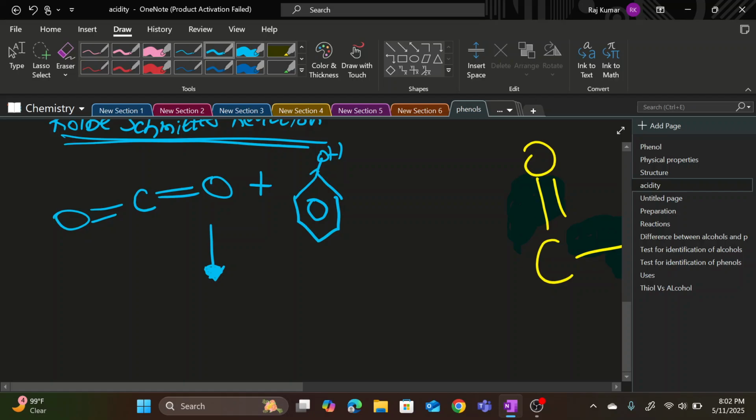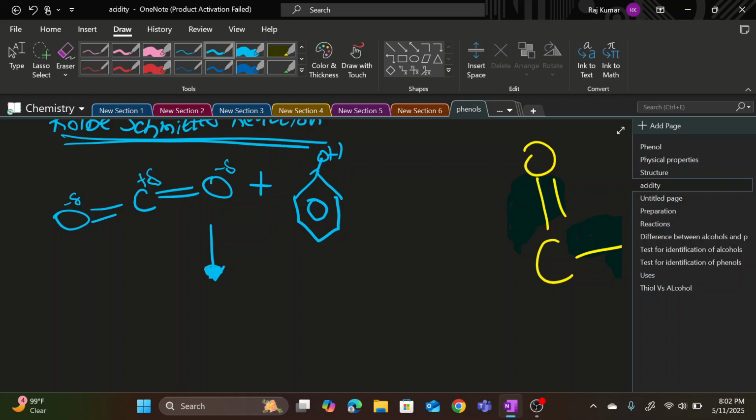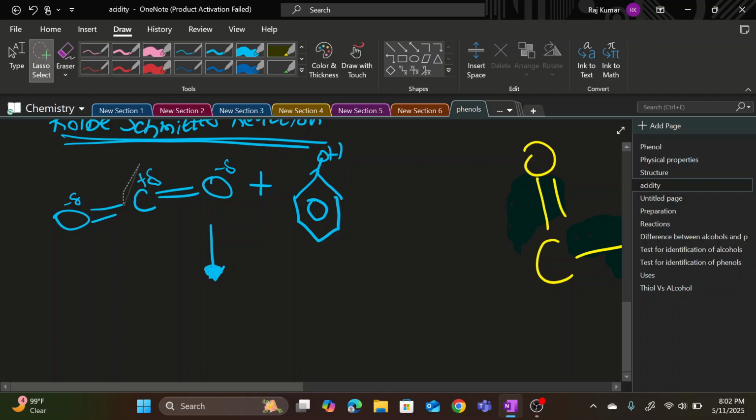Now, if you look at oxygen, oxygen is electronegative, and that makes the central carbon electrophilic, partially electropositive, due to which it becomes an electrophile. That electrophilic carbon tends to come and attack over here, in this place.